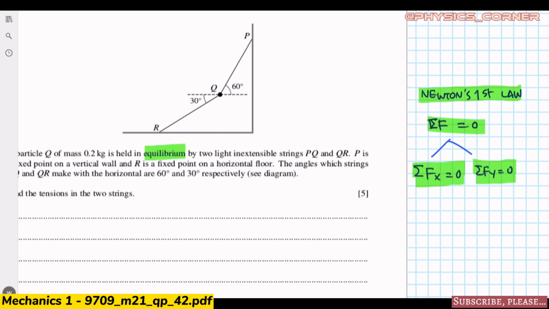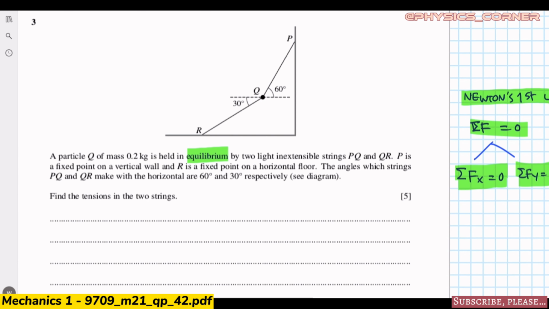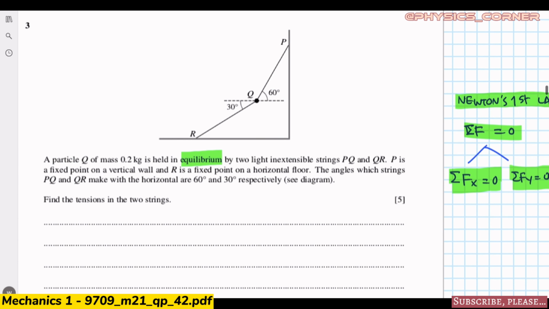We need to draw the diagram into x and y directions.